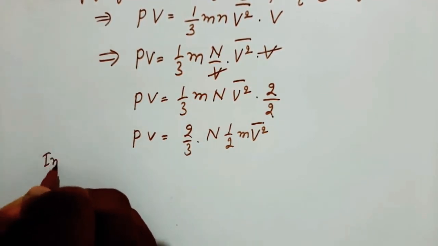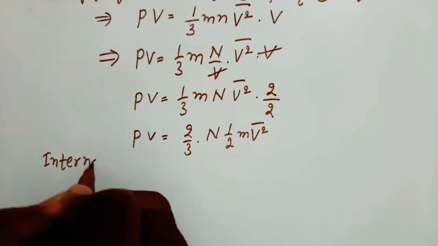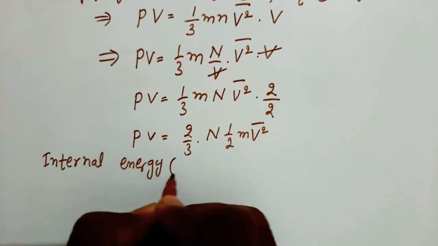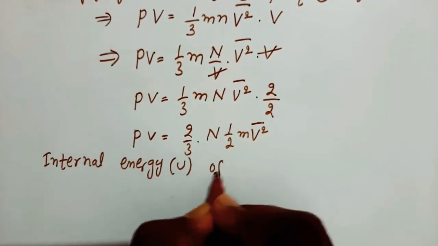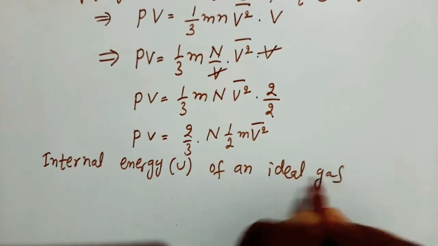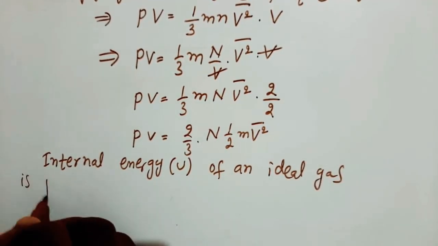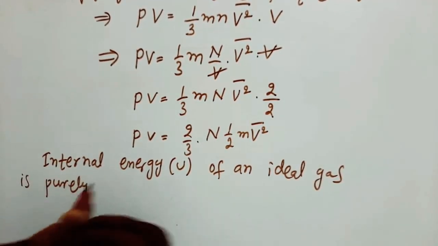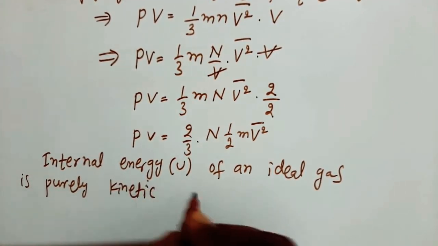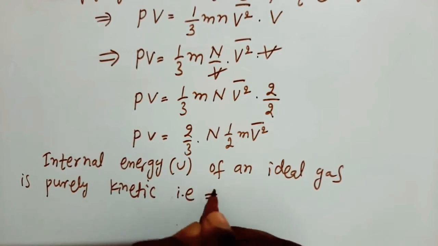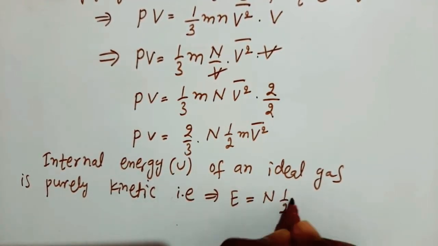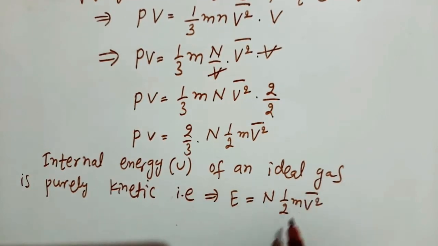We know the internal energy of an ideal gas is purely kinetic energy. So we can write E = N into 1/2 mv² bar.